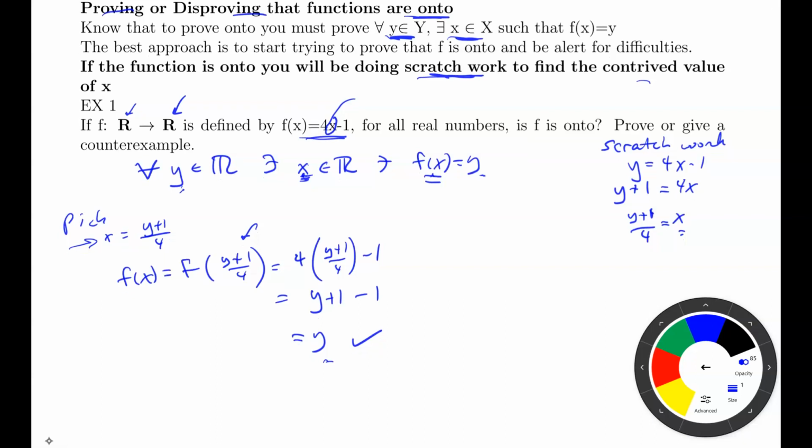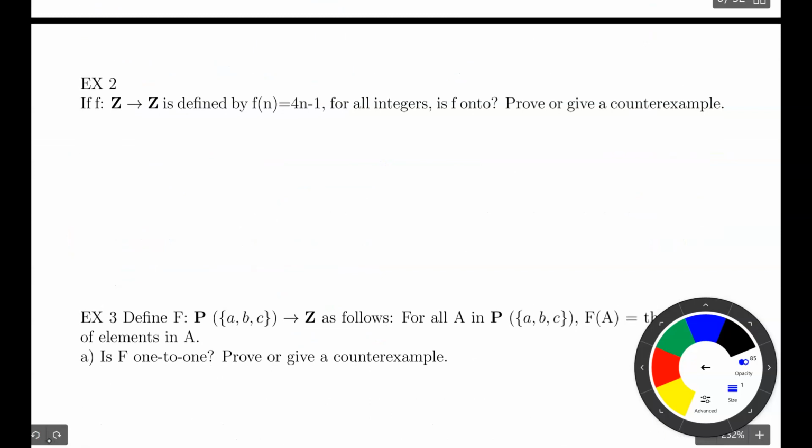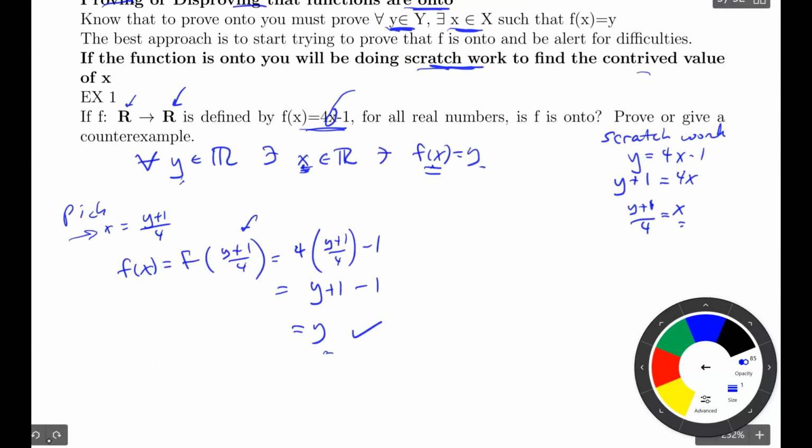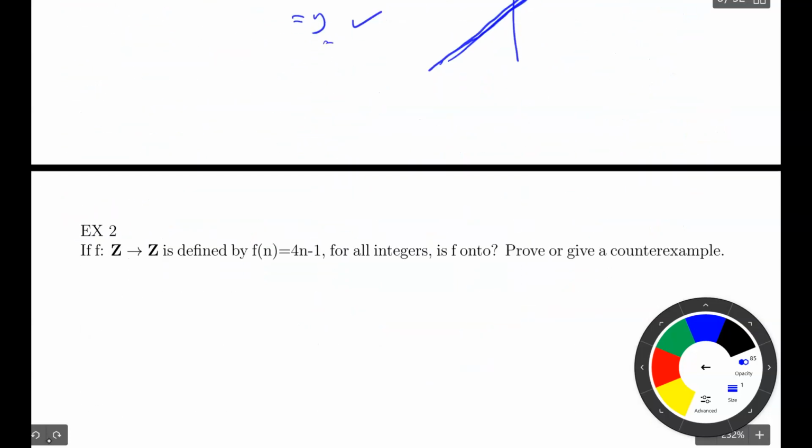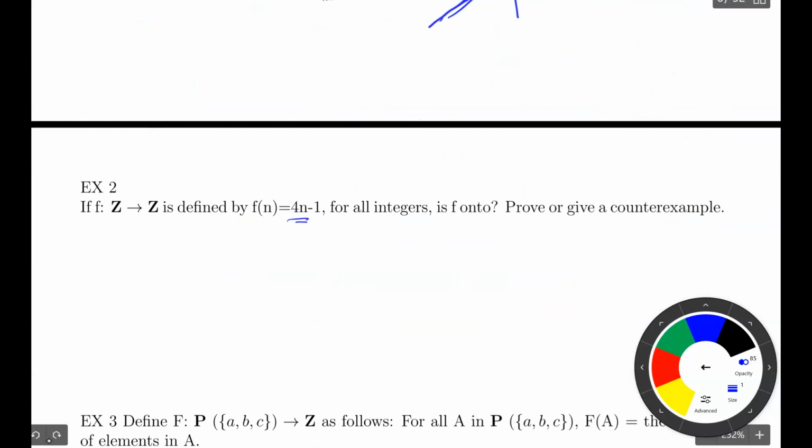All right, so let's go over to this one. Is this onto? Let's remind ourselves of the difference between the reals, which would be like this, with a y-axis and x-axis. Reals include all numbers. On this one it's integers only.